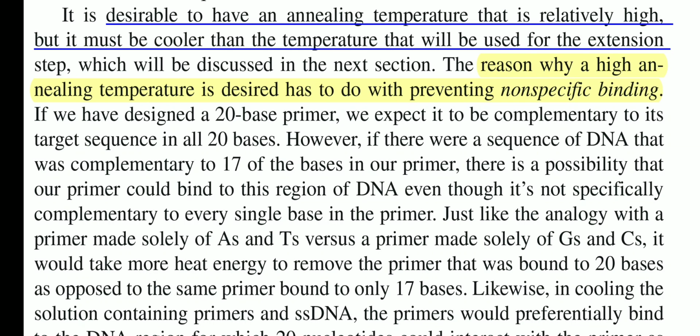So we must maintain our temperature in between, not higher than extension nor lower than your specific binding, because if you lower the annealing temperature, the nucleotides will bind to others, not bound properly with their complementary base pair.